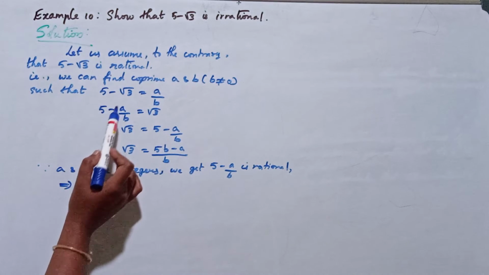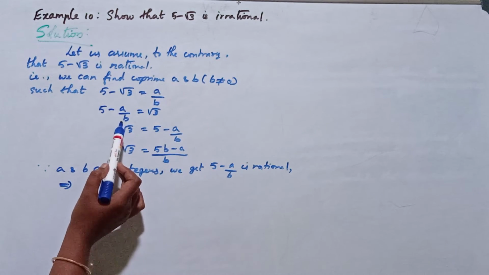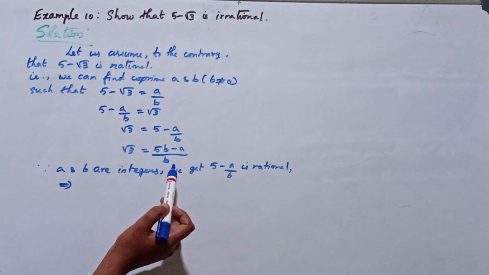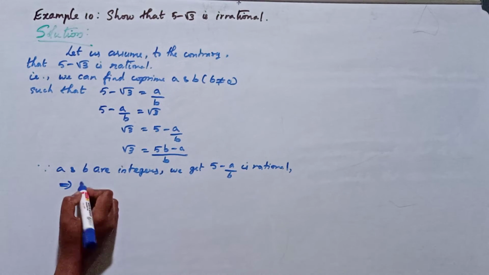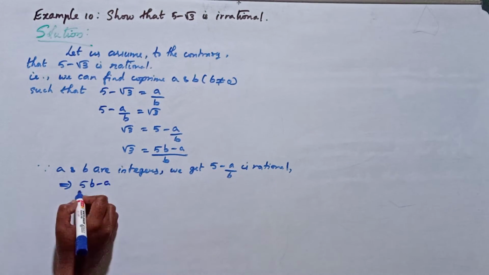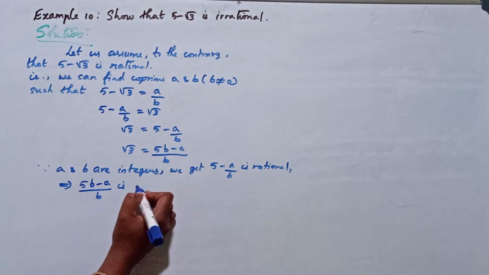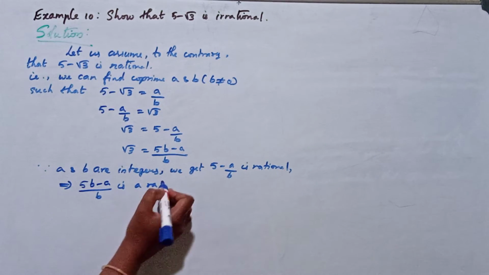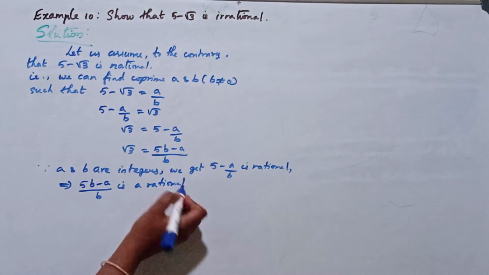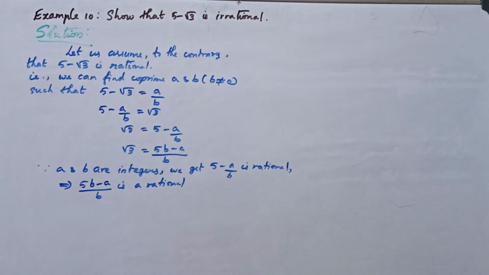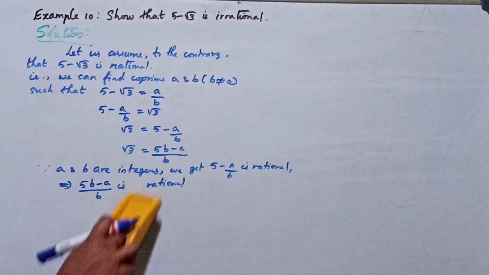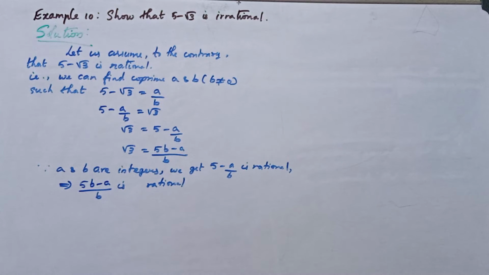Then 5 minus a by b is a rational number. Then 5b minus a by b is also a rational number, right? So 5b minus a by b is rational.